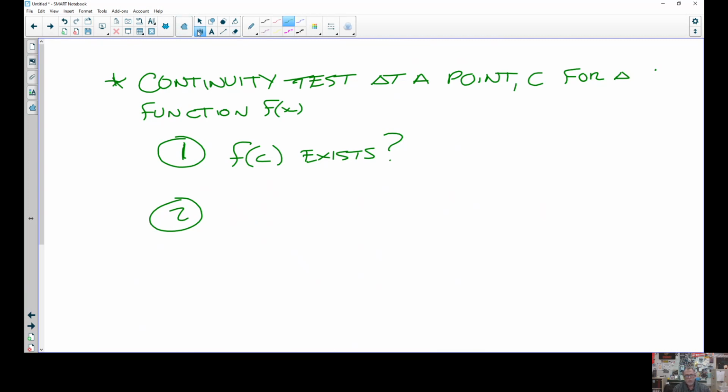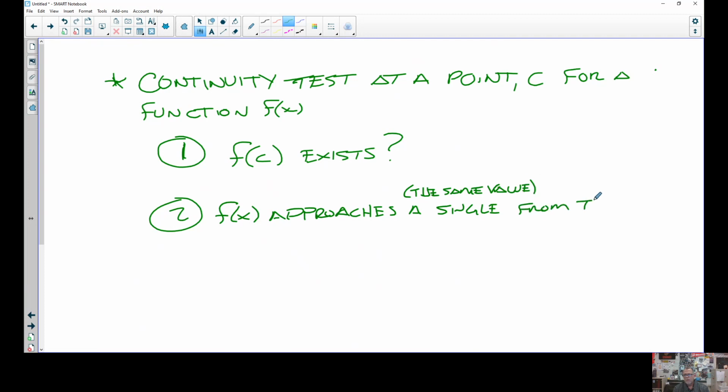Let's do it this way. I'm going to change what I have written down here. f of x approaches a single value, or you could say the same value, from the left and the right.